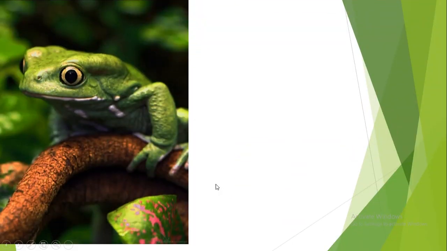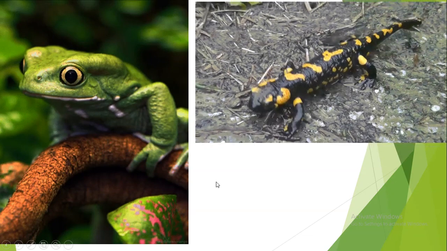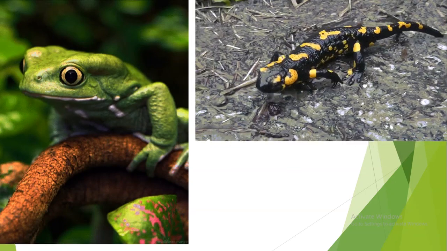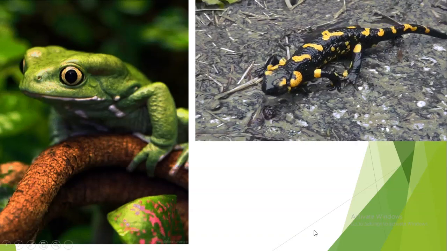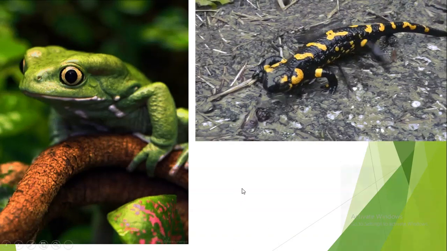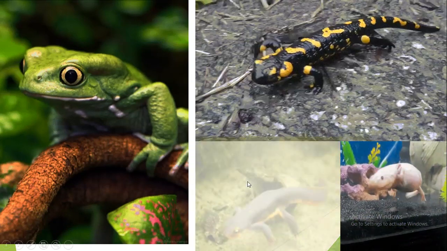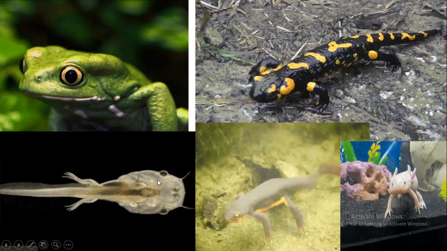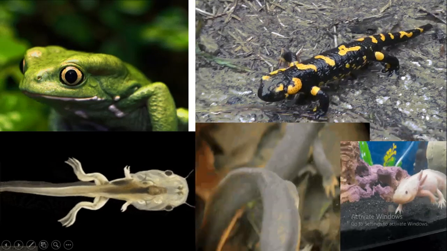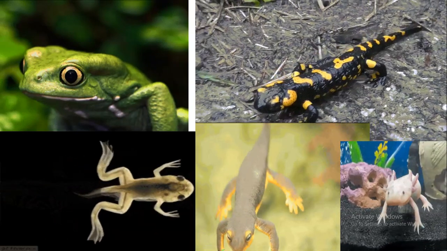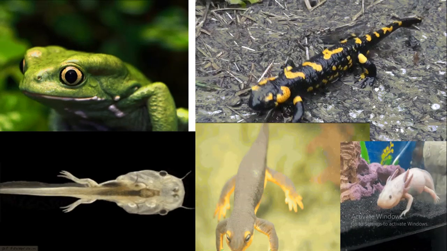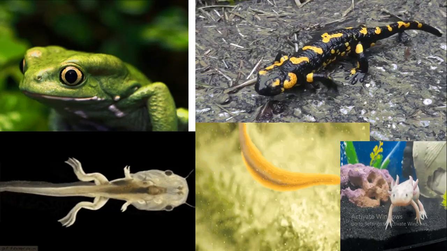Now, talking about amphibians, we have two examples of amphibians: frogs and salamanders. I'm going to show you pictures of young salamanders and young frogs. So an amphibian is a vertebrate that starts its life in the water and then lives on land as an adult.